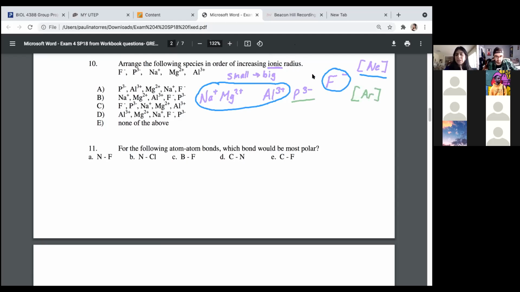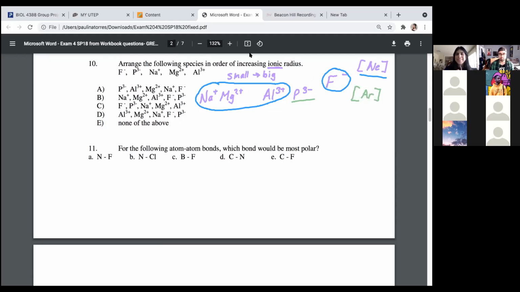So these four have the same electrons as neon. So whichever one has the most protons is going to be the smallest. So that should be magnesium. Close. Oh wait, aluminum.